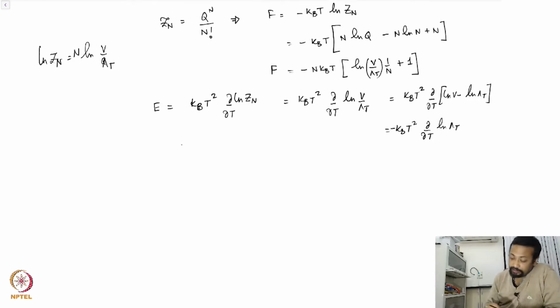Good. Lambda t by our definition was beta to the power d over nu divided by c of d comma nu.